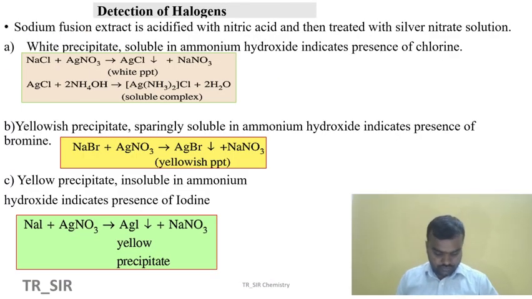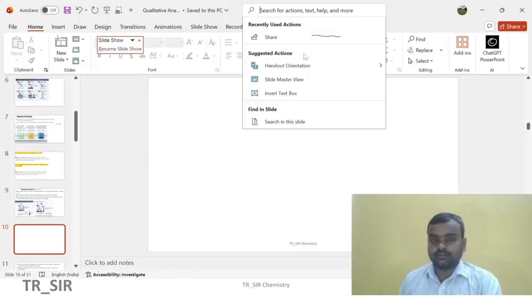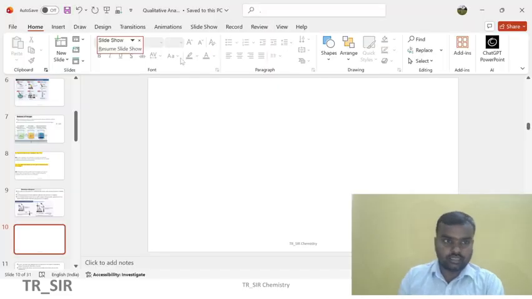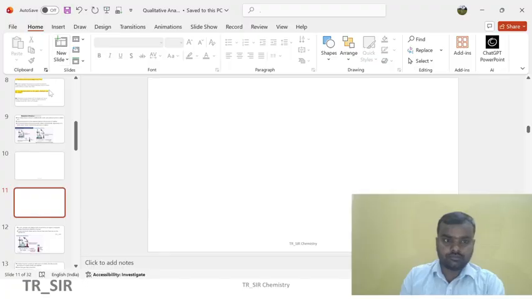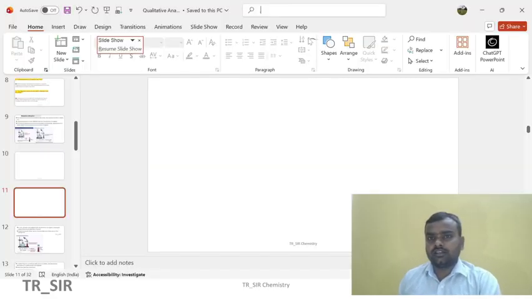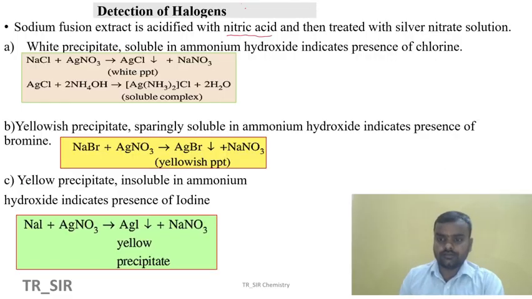Now we have the detection of halogen. The sodium fusion extract is acidified with nitric acid first, then treated with silver nitrate solution.